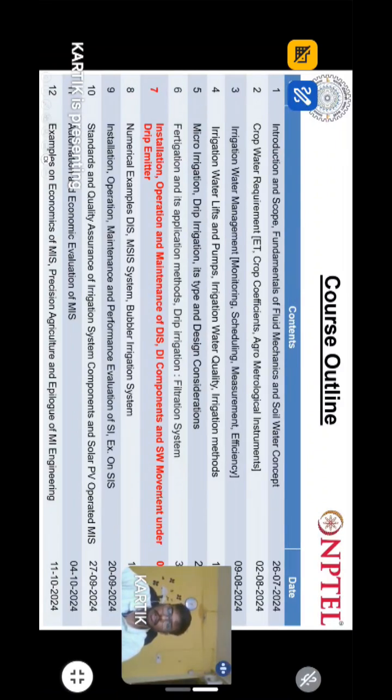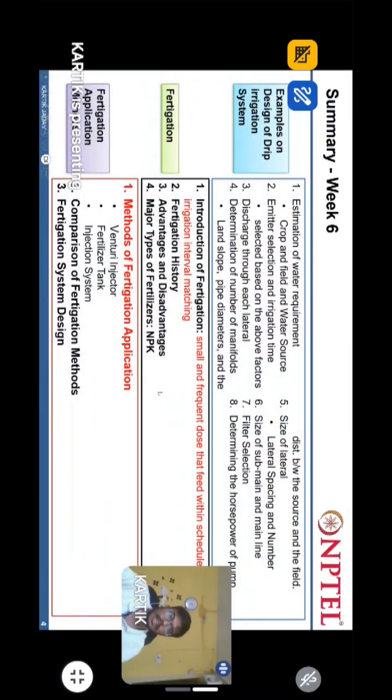So soil water movement during this kind of micro irrigation system is totally different from the traditional irrigation system. So let's quickly recap.